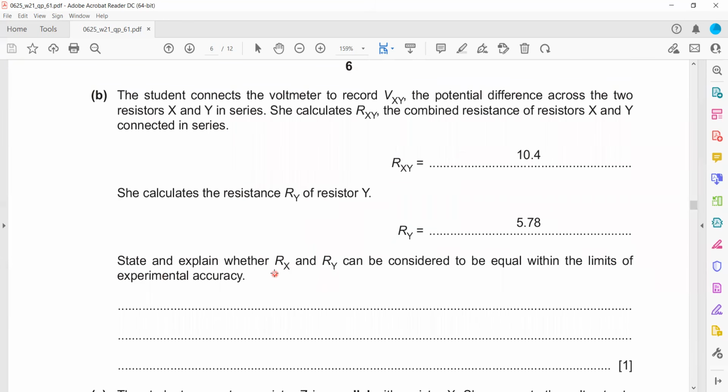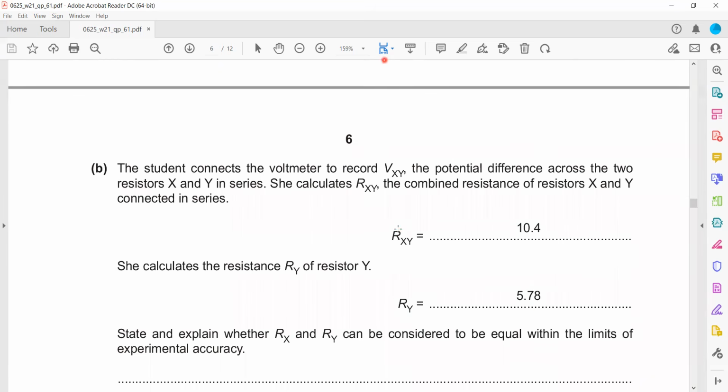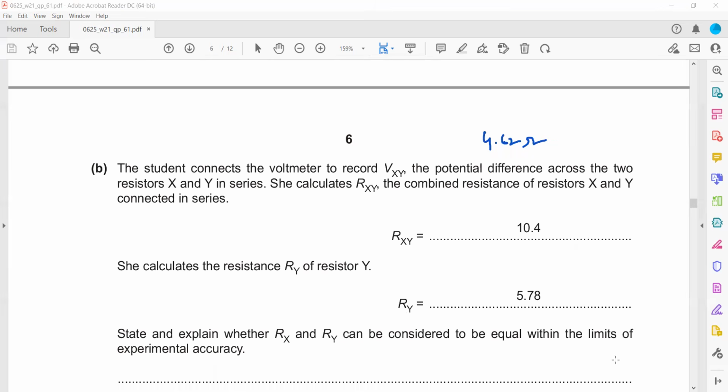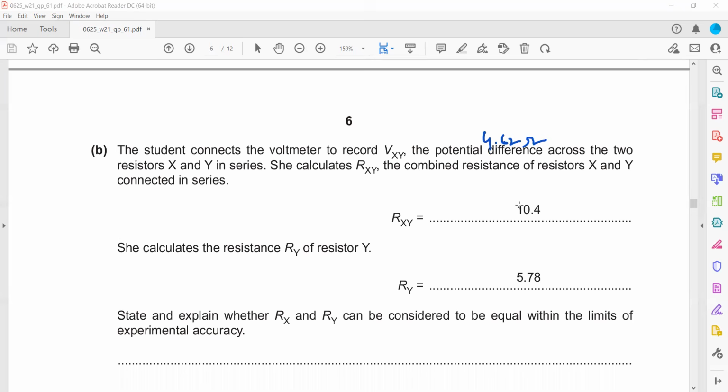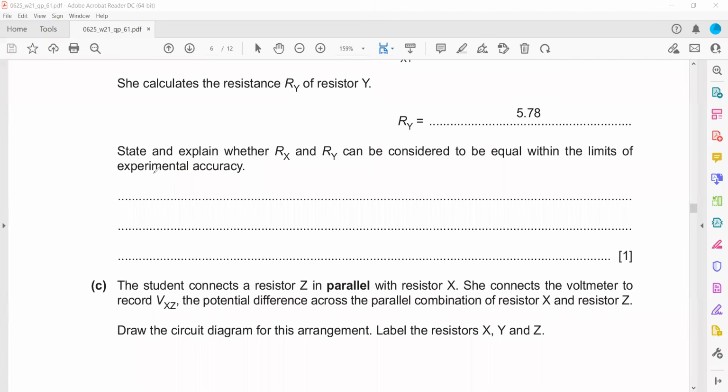State and explain whether Rx and Ry can be considered equal within the limit of experimental accuracy. When we calculated Rx in the previous part, it came out 4.62. And Ry, according to what they provide us, is 5.78.